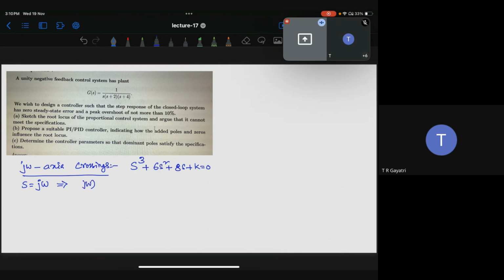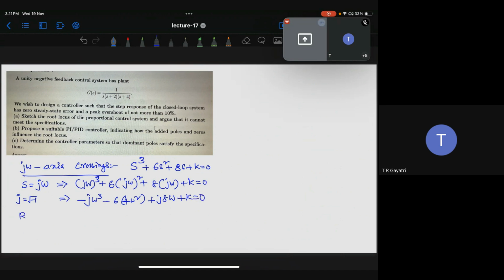You get j omega whole cube plus 6 j omega whole square plus 8 j omega plus k equal to 0. We know j equal to root minus 1, so substituting, minus j omega cube minus 6 omega square plus j8 omega plus k equal to 0.